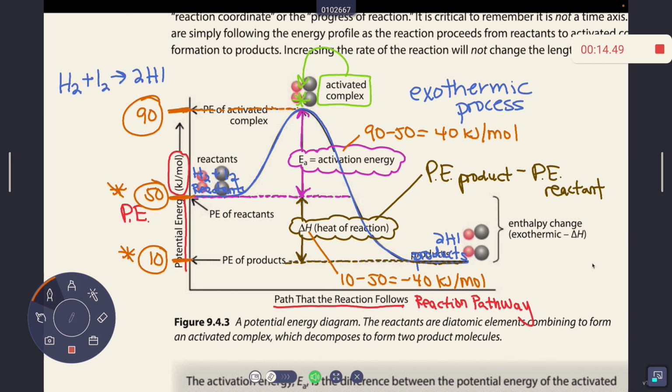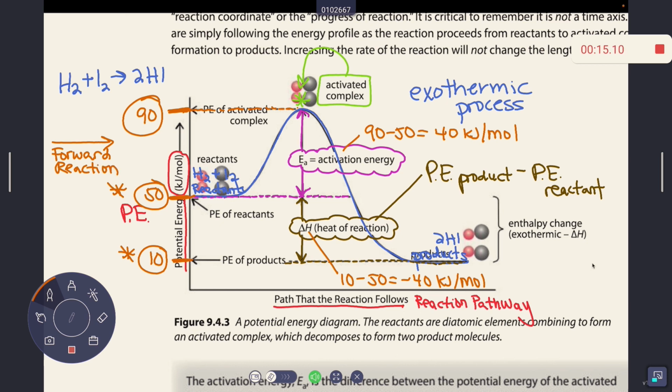Okay. Now, some of these reactions that we're going to be looking at are reversible, which means the potential energy curve is reversible. If you're looking at this curve from left to right, which you learned how to do, this would be considered the forward reaction.